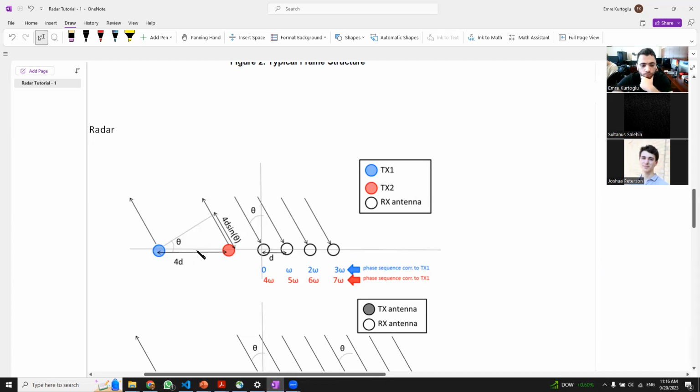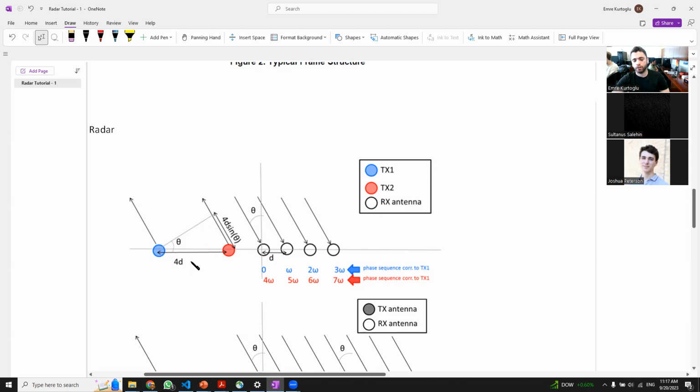How it works: if you look at the distance between these two transmitters, it's 4D. D is calculated from lambda, where lambda is the speed of light divided by your center frequency. D is lambda divided by 2.